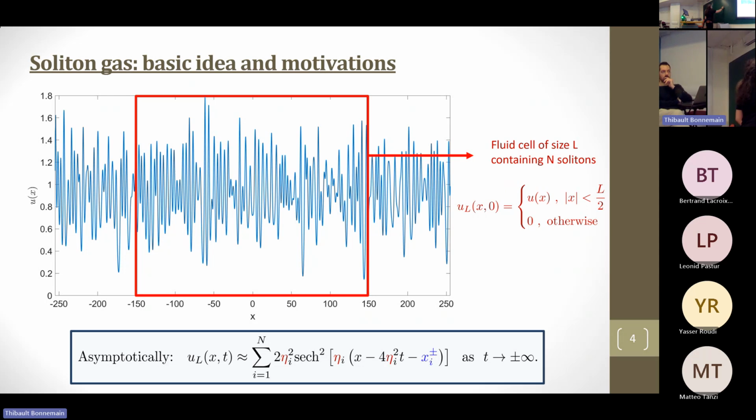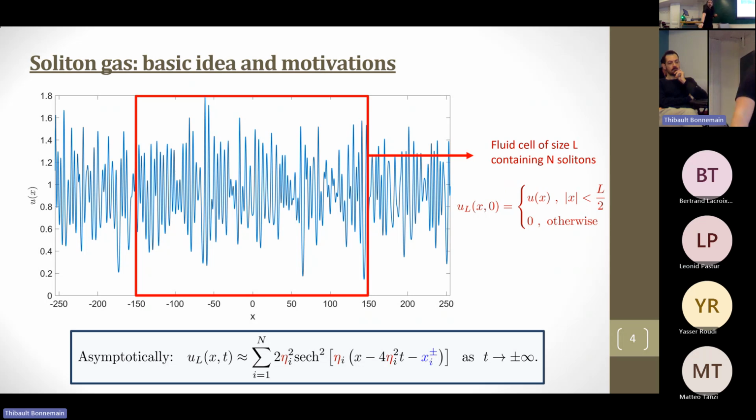I cut it, then I have my fluid cell here. So this is u_L. And since now I have vanishing boundary conditions, I expect it to asymptotically decompose into well-segregated solitons. So I'm doing some sort of time-of-flight thought experiment here.